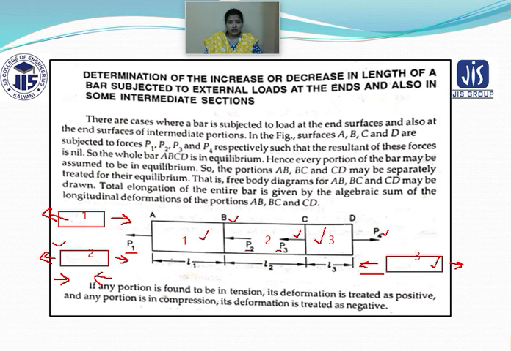And where you are again using tensile load, your elongation will be treated as positive. So when you sum up, tensile is positive, for compressive load your deformation will be negative, and for tensile load again the deformation will be positive. So you sum up everything, then you can get the entire value for the elongation in length. Hope it is clear through this particular figure. We will be discussing with the numerical, and the concept will be much clearer to all of you.